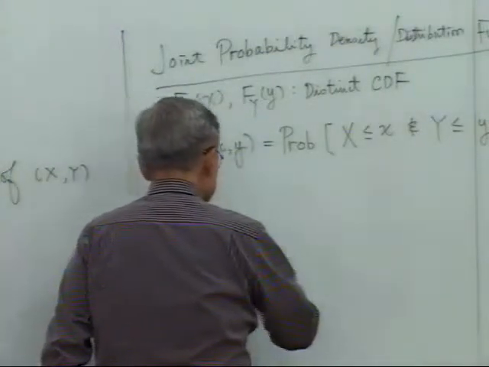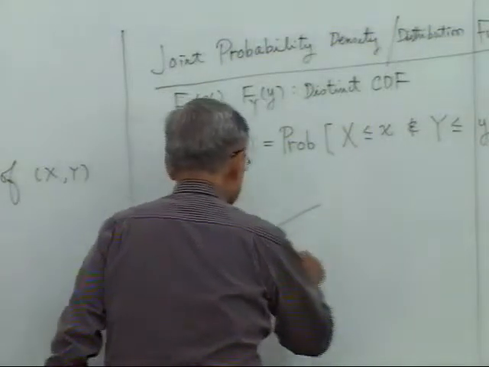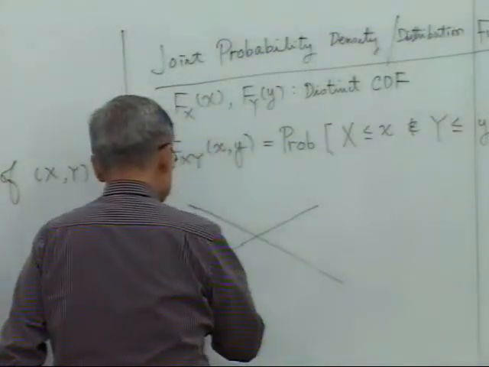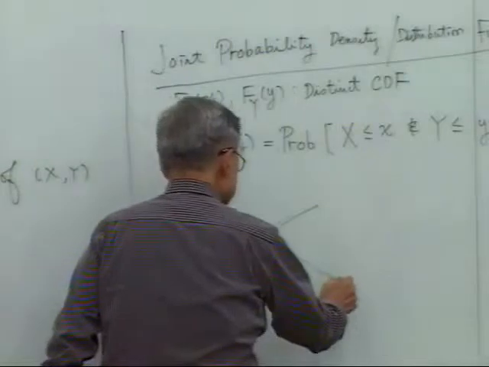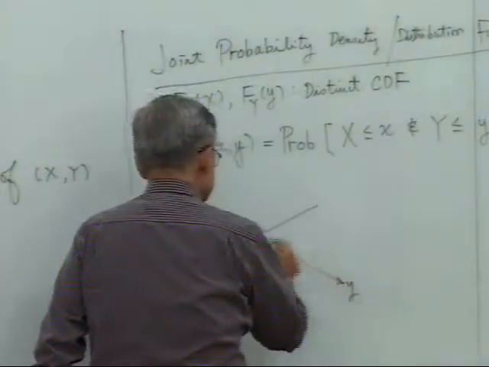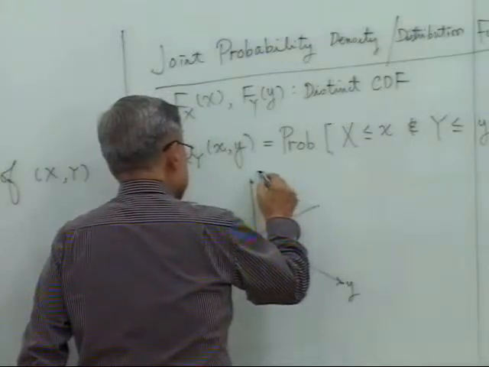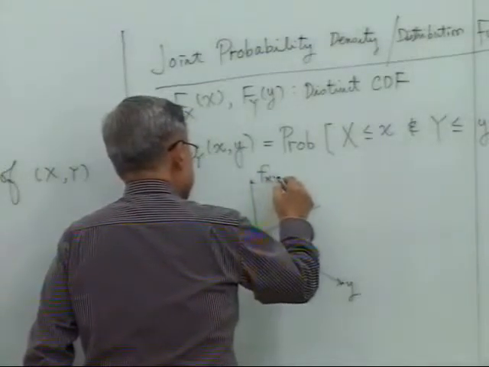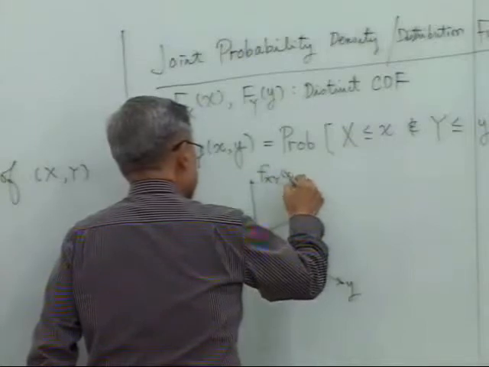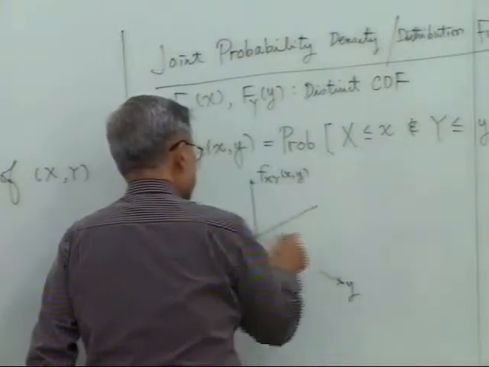By doing that, you have to draw it in 3D. For example, this is the x-axis, this is the y-axis, and this is the z-axis, which is going to be f of x, y.